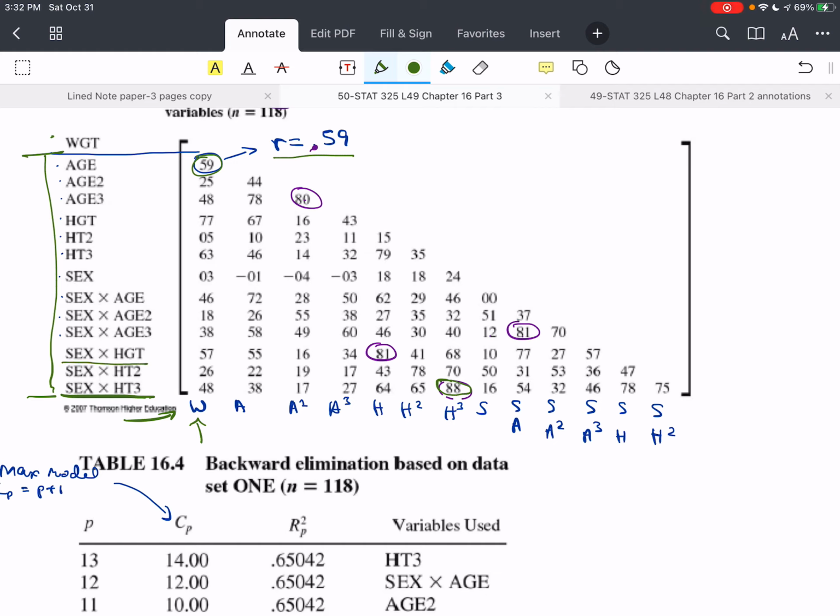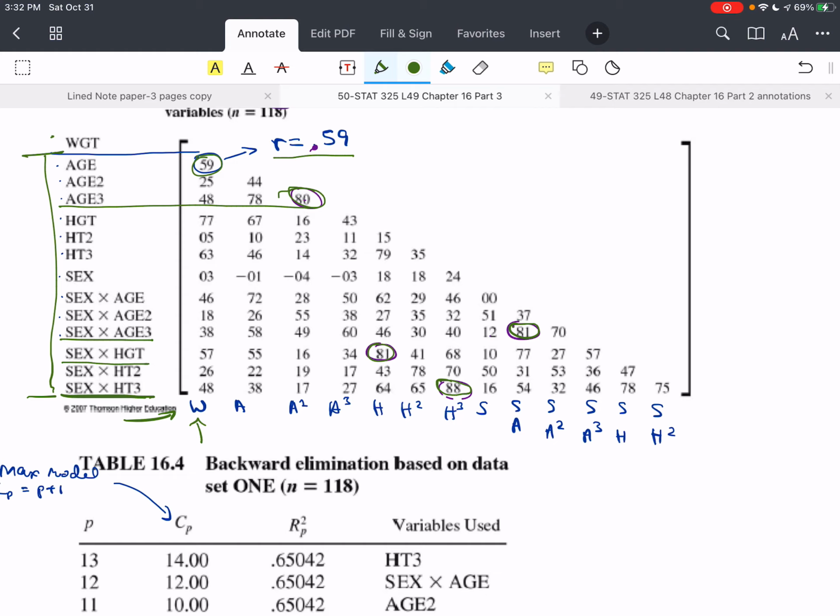No surprise there. How about sex times height? That's going to be correlated with height. Yes, that makes sense. And then the next one, sex by age cubed, that's going to be correlated with sex by age. That, again, makes sense. And then finally, we've got age cubed with age squared. They're highly correlated.